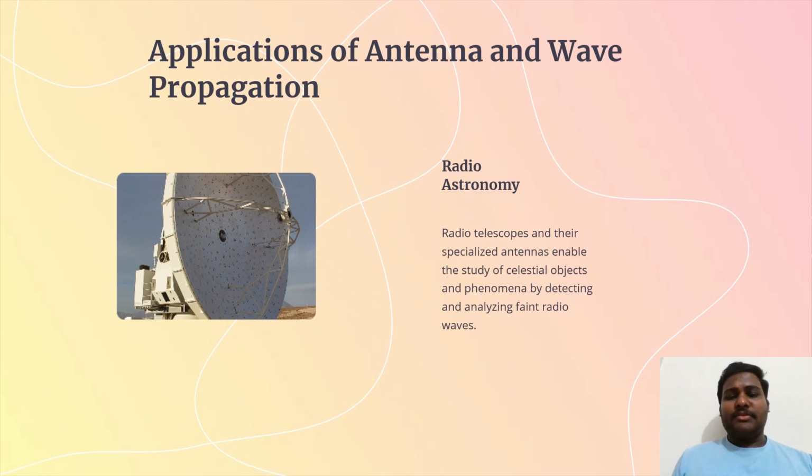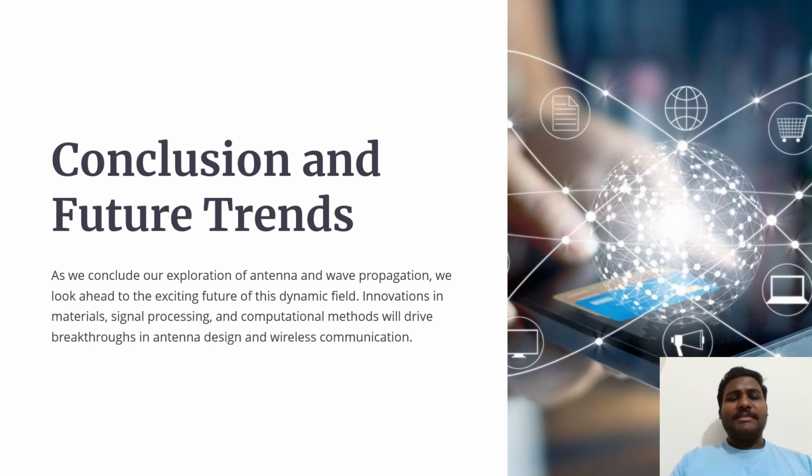Radio telescopes and their specialized antennas enable the study of celestial bodies and phenomena by detecting and analyzing the faintest radio waves. At last, coming to the conclusion on future trends. As the conclusion of exploring antennas and wave propagation, we look ahead to an exciting future, where advances in materials, signal processing and computing methods will drive breakthroughs in antenna design and wireless communication.